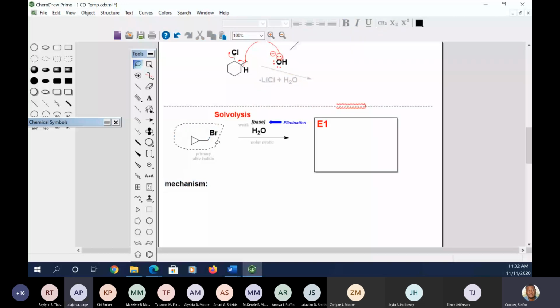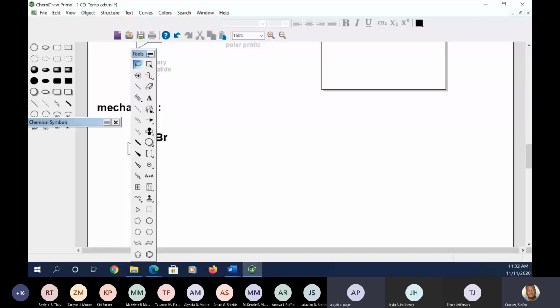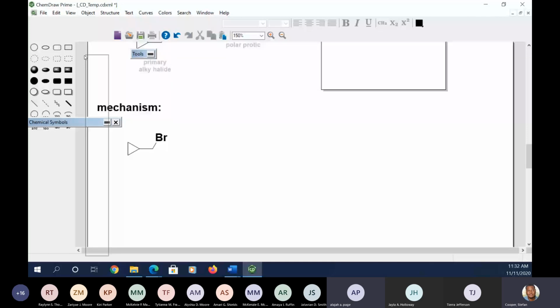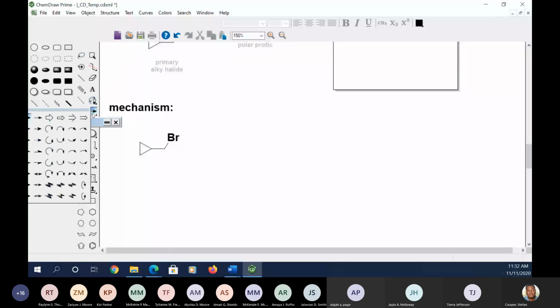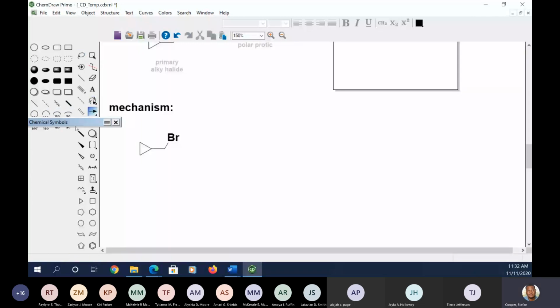You guys hear me on team? I'm talking to myself. The electron share between the carbon and the proton? Not necessarily, no. If anything, the first step in every E1 or even an SN1 mechanism is the leaving group leaves.